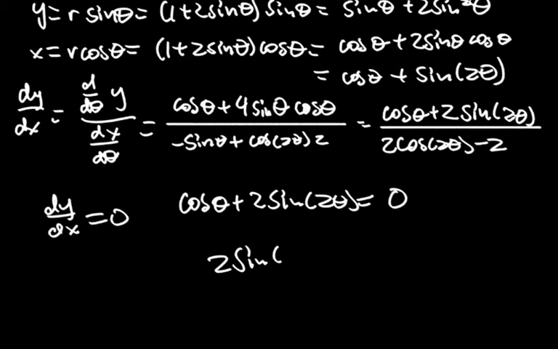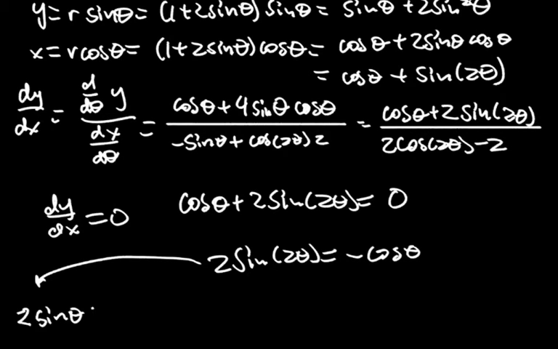So 2 sine of 2 theta equals negative cosine theta. It looks like if we break this out, that'll be a little bit easier. I'm going to do it over here. So 2 times sine theta cosine theta, or 2 times 2 that, so that'll be 4 actually, equals negative cosine theta.